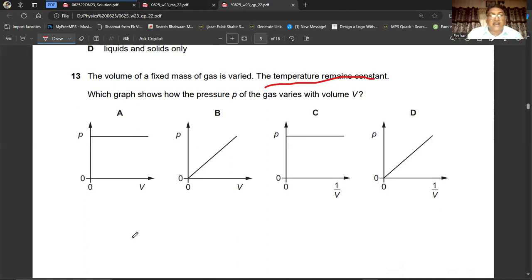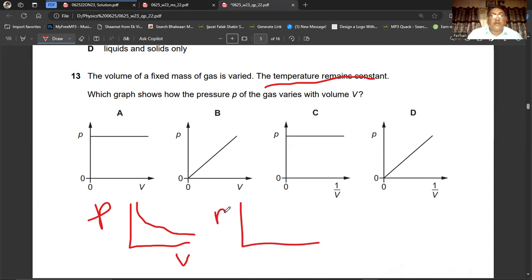So if you draw a graph between pressure and the volume, the graph will be of an inversely proportional shape, something like this. But if you draw a graph between P and the reciprocal of V, I mean 1 by V, then the graph will be like this. So I think D is the choice.